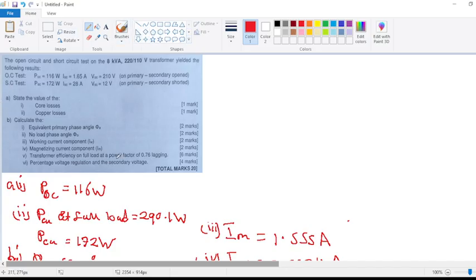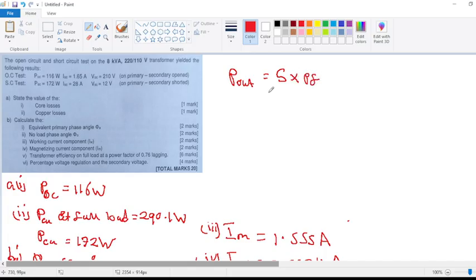on the full load at power factor of 0.76, which is lagging, we have to consider the power output of the transformer. So the power output of the transformer is equal to the transformer rating, which I'll represent as S, multiplied by the power factor.